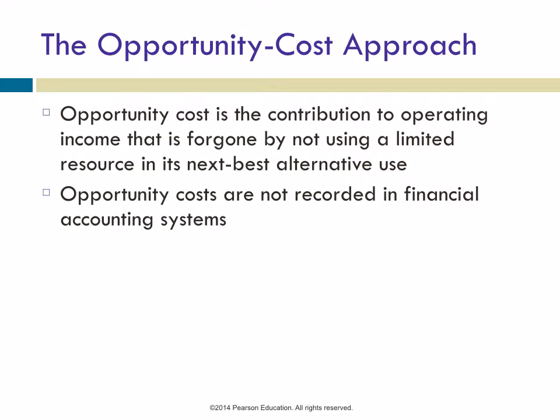So you look at how you're using the resource, and then you look at what the next best alternative would be if you use that resource to try to make money in a different way, or try to reach your goals in a different way. And you look at what you could have gotten out of that resource had you gone with the next best approach, and whatever that amount is would be the opportunity cost of going with what you consider the best approach. So I know that can be confusing, but I'm guessing most of you understand what an opportunity cost is. It's basically the cost of not doing some other alternative.